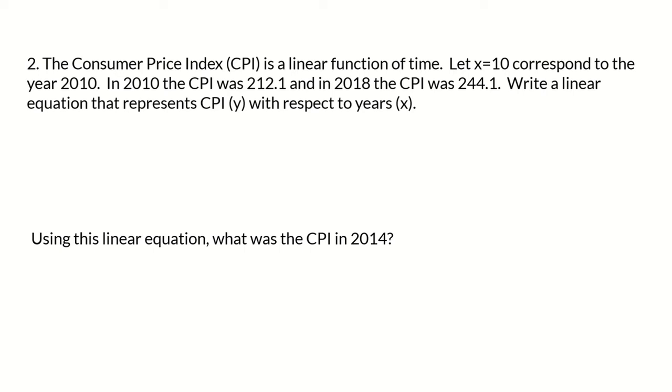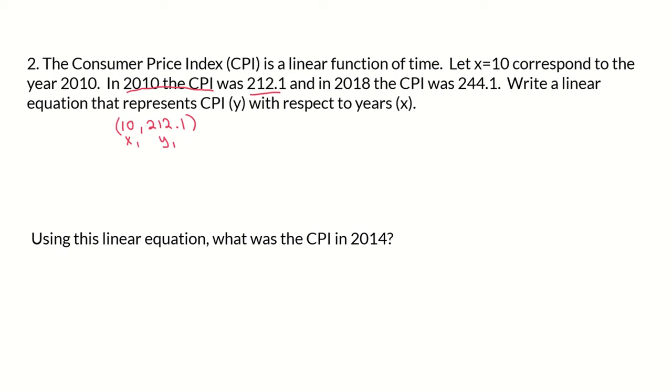So first, it would be a good idea to write this out as points of information. So 2010 and CPI of 212.1 is the point (x, y) equals (10, 212.1), and that's (x1, y1).